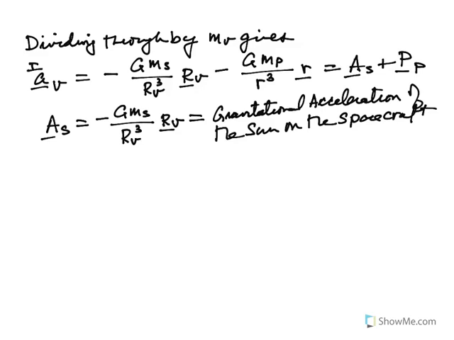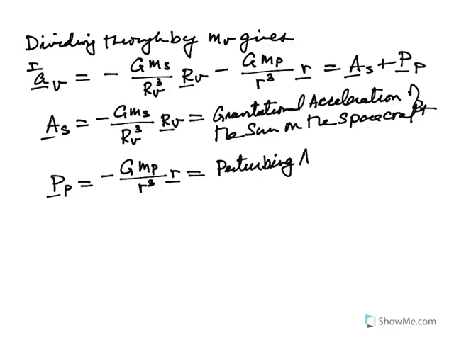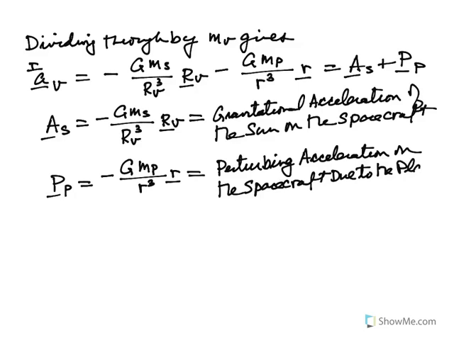And this other quantity here, P sub P, which is equal to minus G times the mass of the planet, all divided by r cubed times r, that's actually equal to what we're going to call the perturbing acceleration on the spacecraft due to the planet.